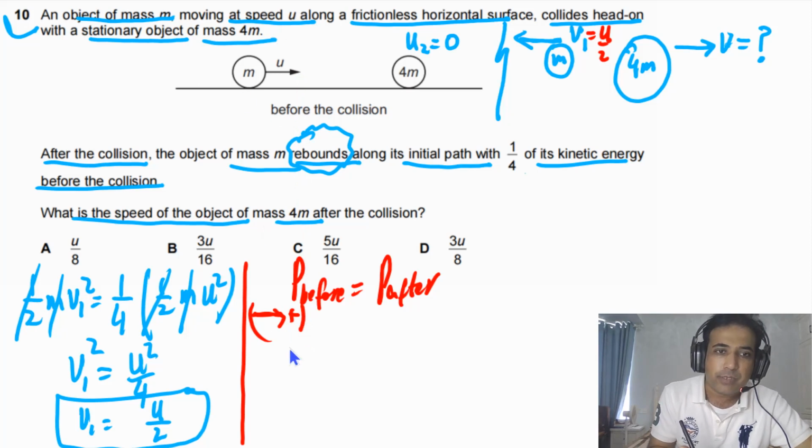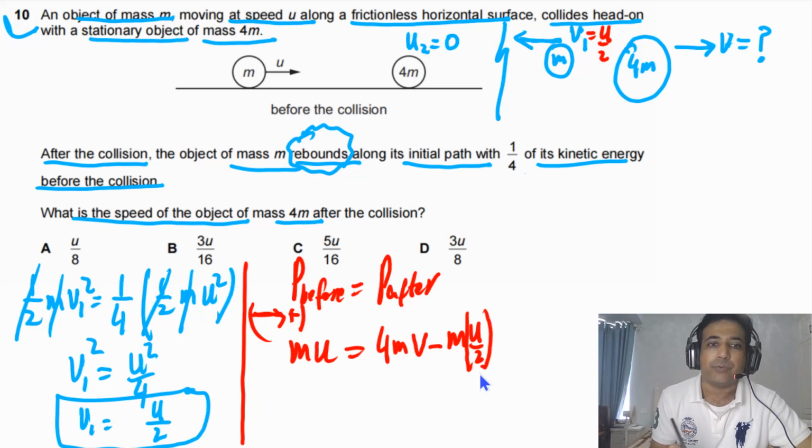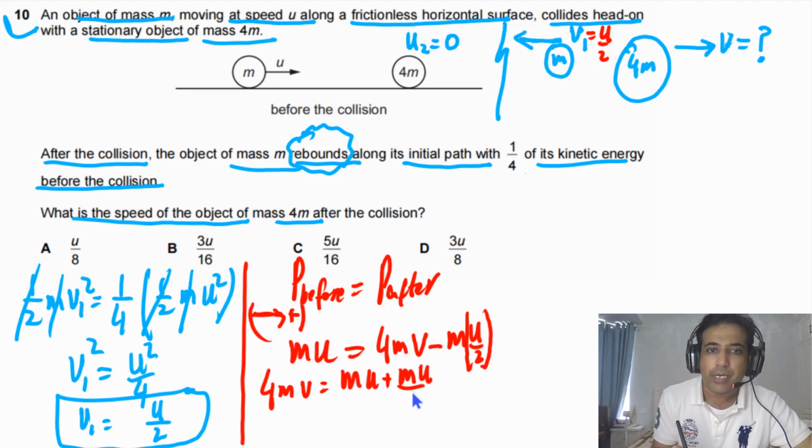So the momentum of this one is mu, momentum of this one is equal to 0, and momentum of this one we can say that is 4mv, and momentum of this one has to be negative because this is moving to the left. So we have in this case mu by 2. We can rearrange, we can write down 4mv. This will be equal to mu plus mu by 2.